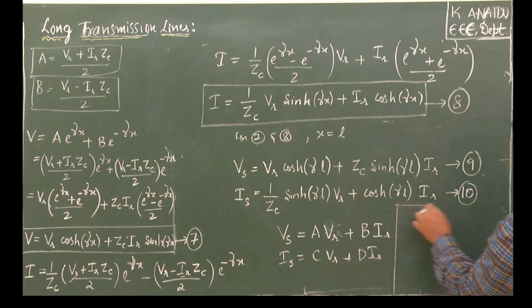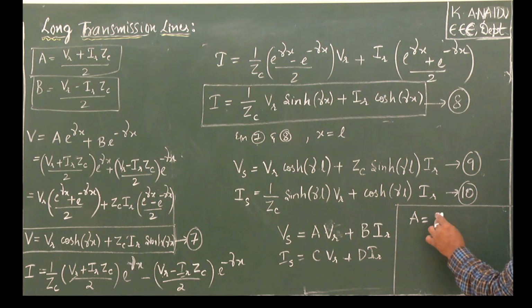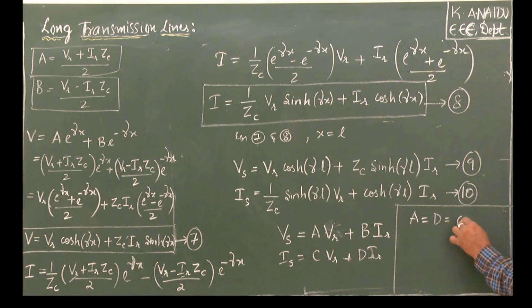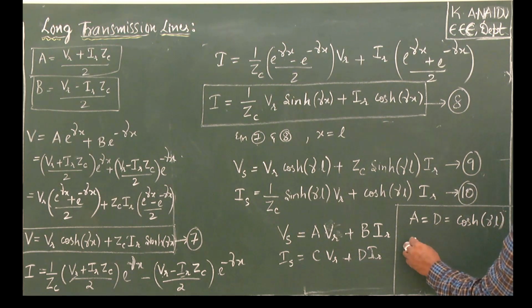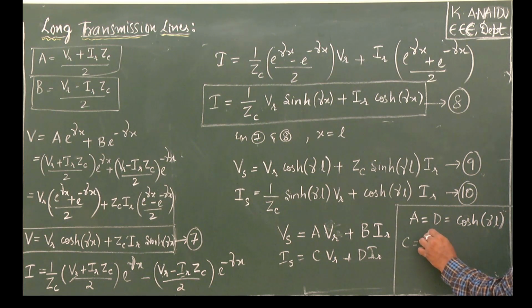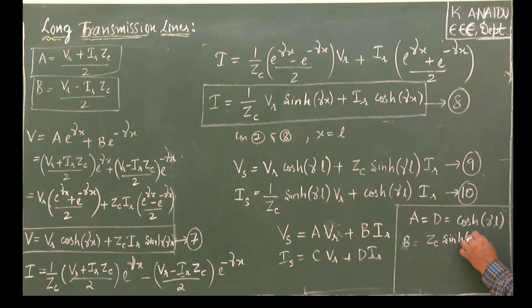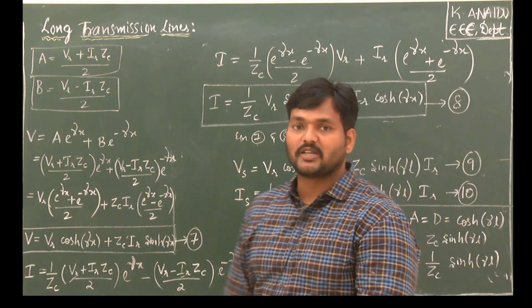So here we will get A is equal to D is equal to cosh of gamma L, B is equal to Zc sinh of gamma L, and C is equal to 1 upon Zc sinh of gamma L. So here the two port parameter conditions must be satisfied.